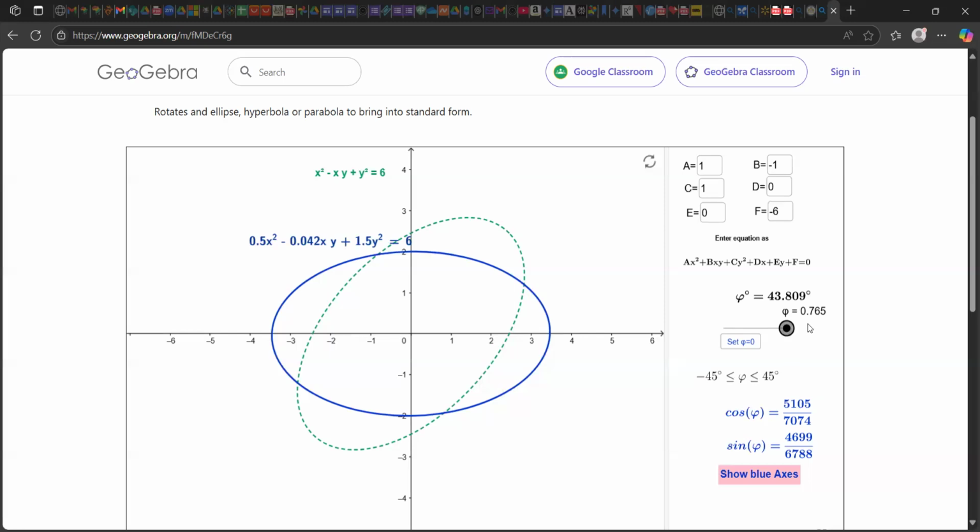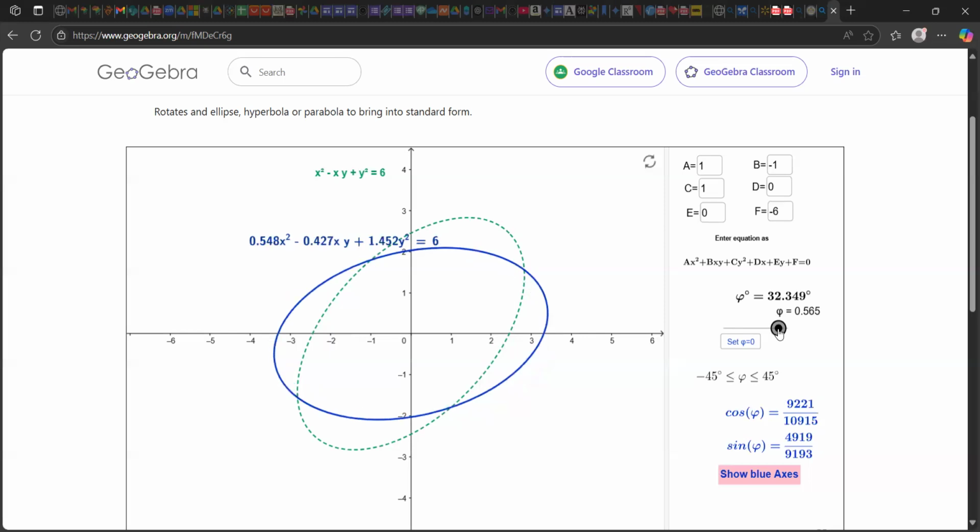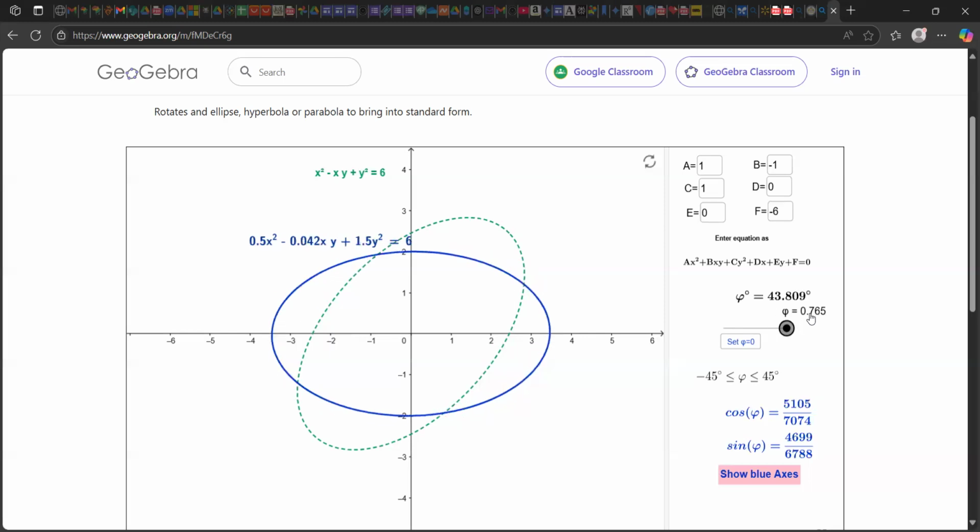I notice it's not going beyond that. It's supposed to go to 45 degrees to get back. You see, it hasn't rotated fully. It has to go some more, but somehow the program isn't allowing it to go full. Right now it's at 43.8, and it has to go to 45.